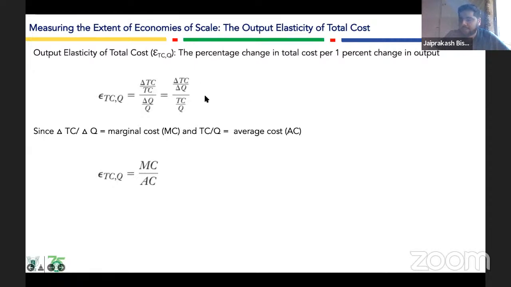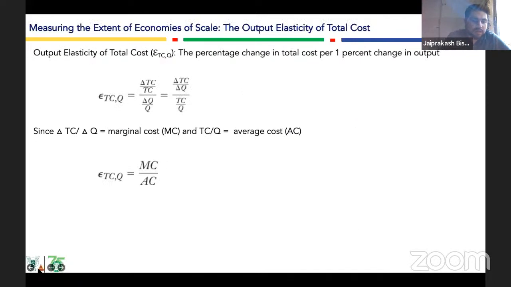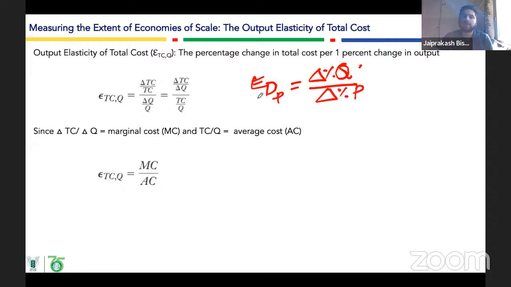Demand elasticity क्या है? कि percentage change in quantity by percentage change in price. ठीक है, डिमांड इलास्टिसिटी ऑफ प्राइस.